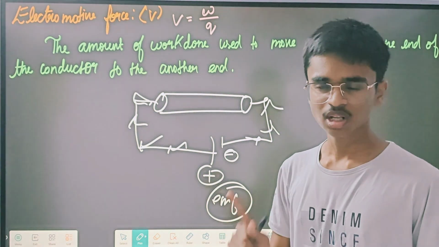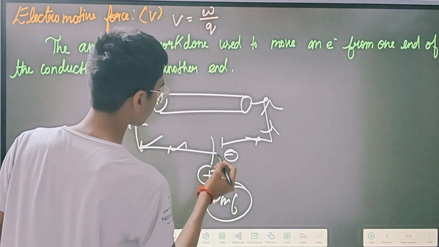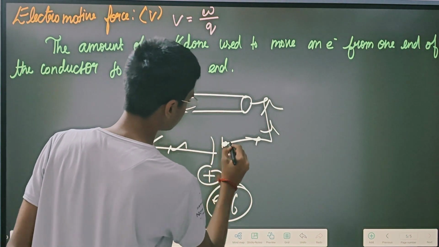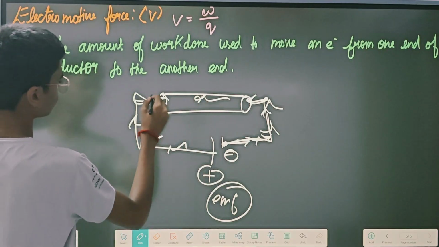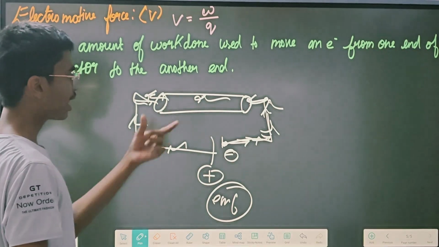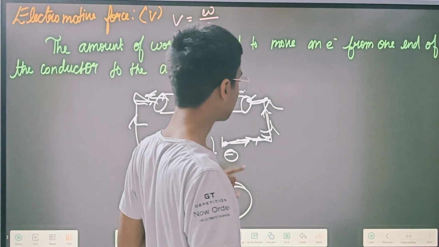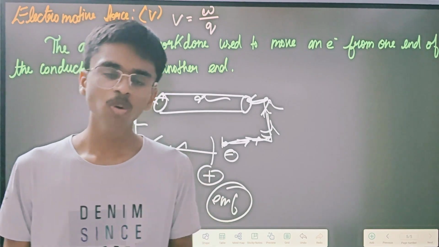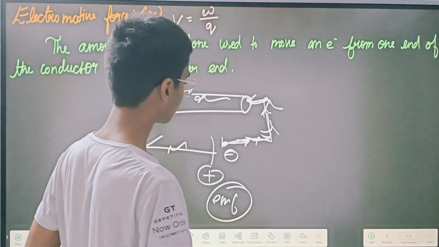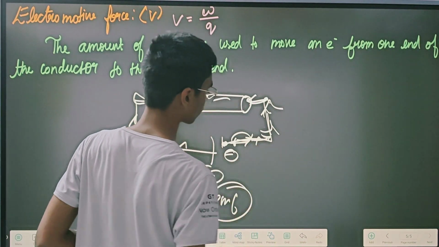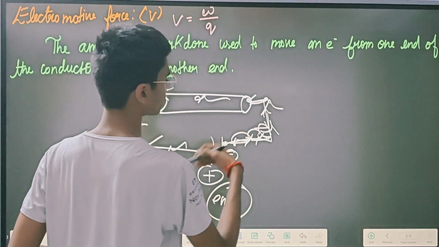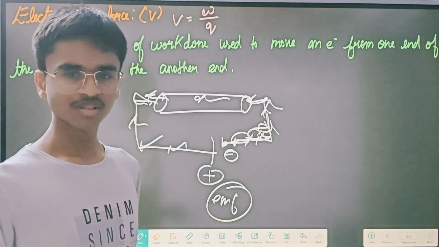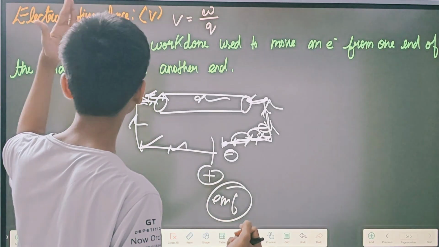There will be a flow of electrons from this point to this point, here, here, here, like this. The electrons have to move throughout the conductor. From here to here, electrons have to move. From here to here, electrons have to move. So for that, some amount of work done is required, right? That work done is what is known as EMF.